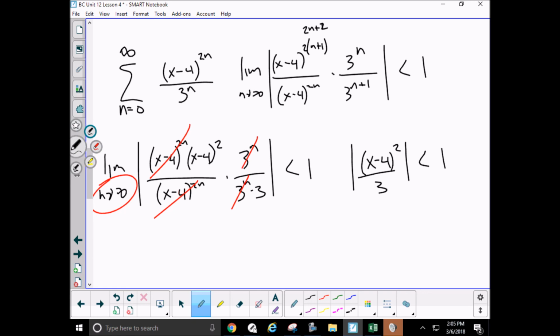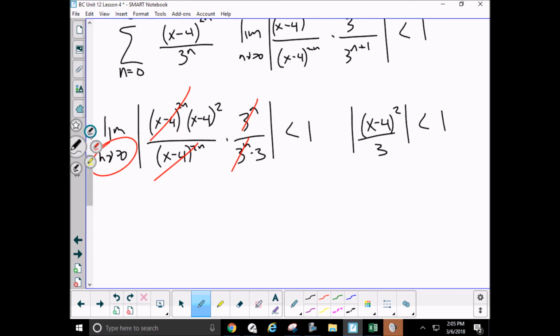Now, before I get rid of the square, I can't square root both sides right now, or else I have a root 3 in the bottom. I'm going to get rid of the 3. This turns into x minus 4 squared is less than 3. I can get rid of a constant like that in this inequality using an absolute value, understanding that this is a positive value and it's not going to affect things.